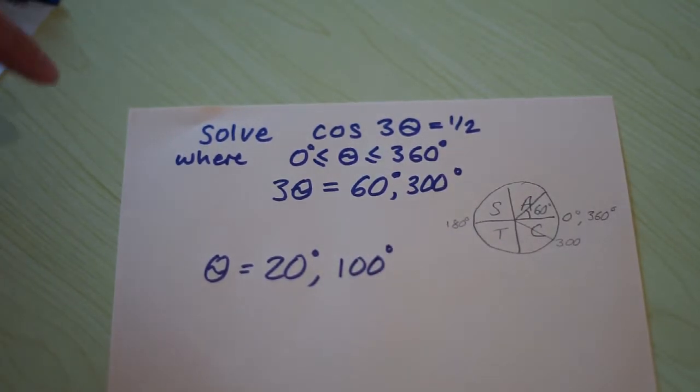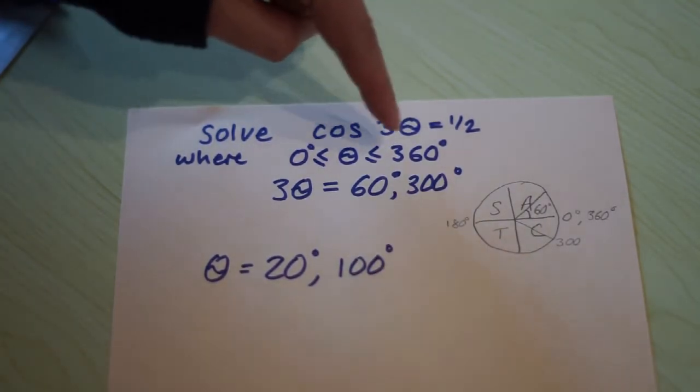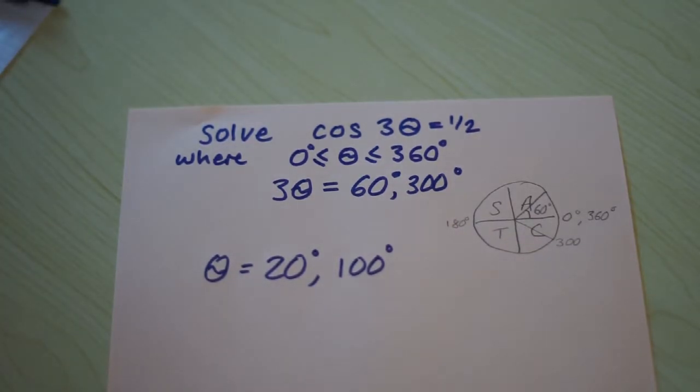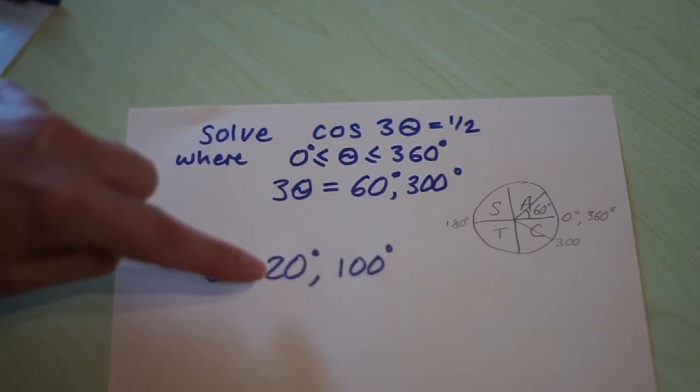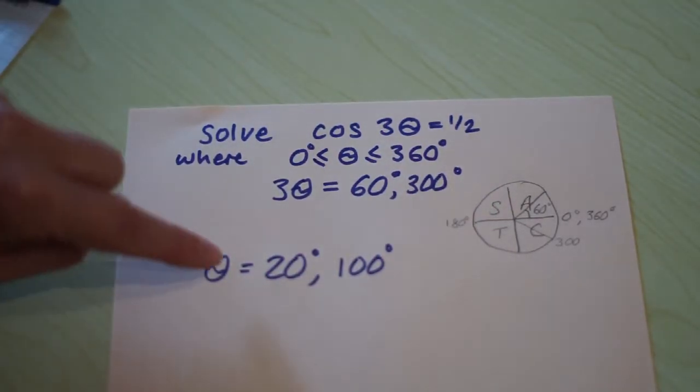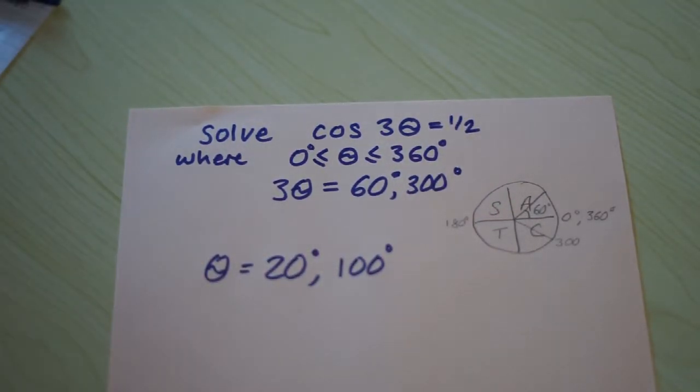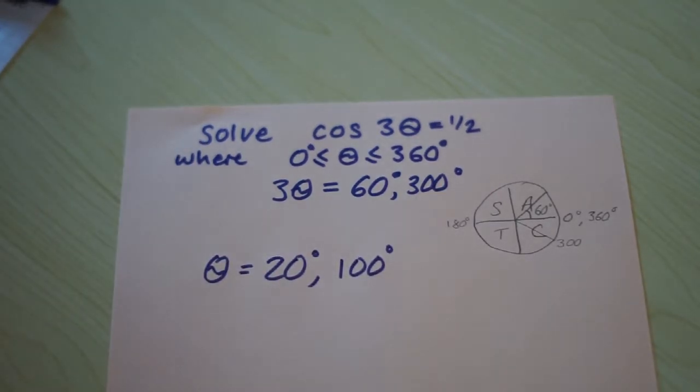We're solving this equation and theta needs to be in the range 0 to 360. We can see that we haven't exhausted all of the possibilities here when we look at our 2 answers for theta. There's scope for a lot more.